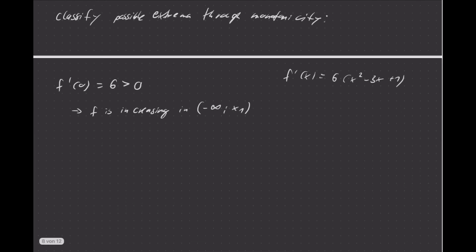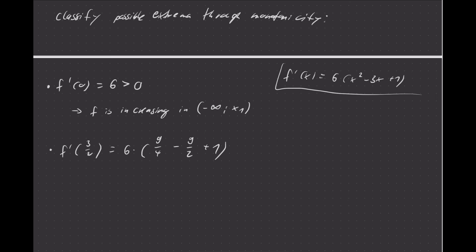Now what about in between x1 and x2? To find that out, again, we'll take one point in between that interval, and then we know the sign of f prime in that interval as the sign can't change. There's no roots, and the function is continuous. So f prime of 3/2, let's evaluate that. That is 6 times x squared, which is 9/4, minus 3 times x, that would be 9/2, plus 1.